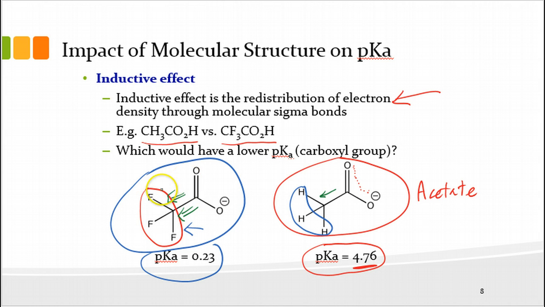And what that does is it further spreads that electron density over a bigger area. It makes the species on the left much less likely to pull a proton that comes in back toward it. Acetate is more likely to pull a proton back toward it. So that's acetate versus this fluorinated acetate.